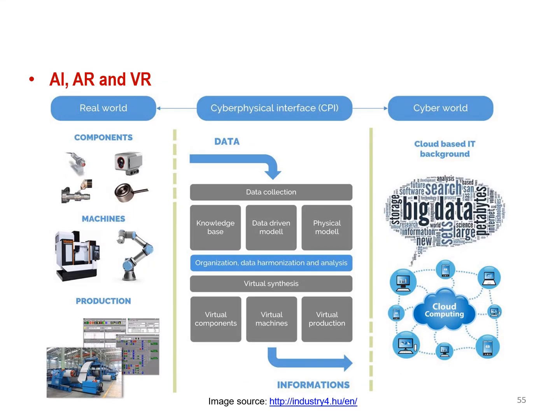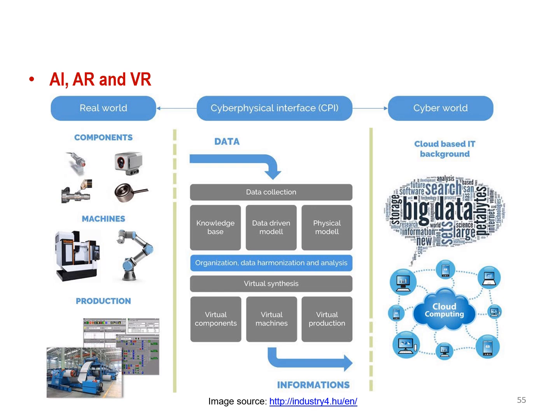We can use AI, which I think you know what the term is. AI, AR and VR can also be applied in Industry 4.0. So we can check what we have in the real world, like the components, the machine and the production. We can add the cyber-physical interference process by applying data collection, using the knowledge base, data-driven models and physical models to make a comparison.